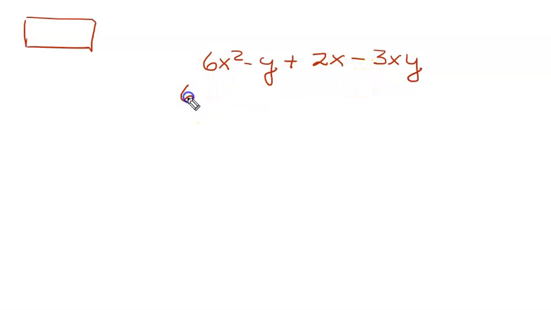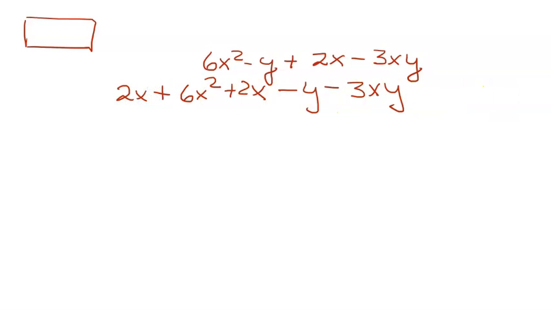So if I put, let's say, 6x squared plus 2x, bring this over, and then this is going to be a negative y and a negative 3xy, I may get some common factors. In fact, what I'm going to do is take this 2x and put it out here as I look at that a little better. Okay, so it's the same. I've just rearranged things. And sometimes it does take this. You need to look at it, make some judgments, and see if you can do it.